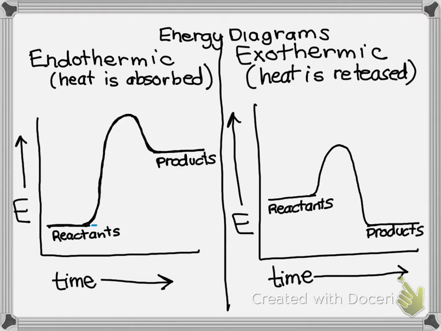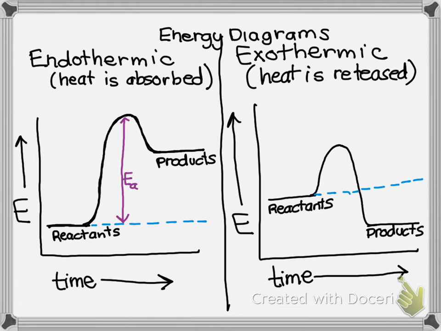Now, if I could draw an imaginary line, and I'll just draw it in blue dots, for where my reactants are on both reactions. This isn't part of the energy diagram, but it helps me visualize what's going on. So labeling this, the activation energy, or the amount of energy it takes for this reaction to occur, is the energy from where I start at the reactants all the way up to the top of the peak.